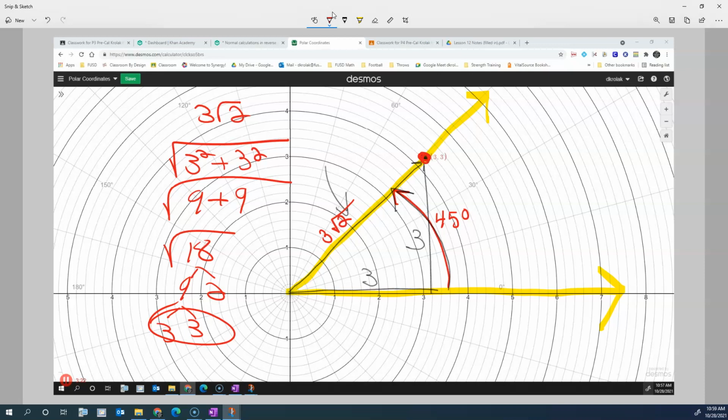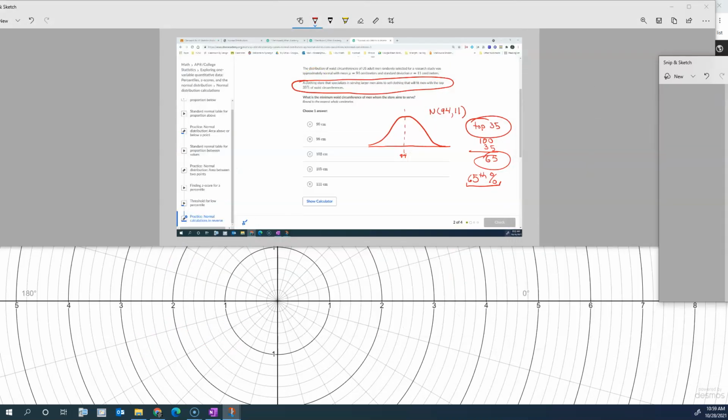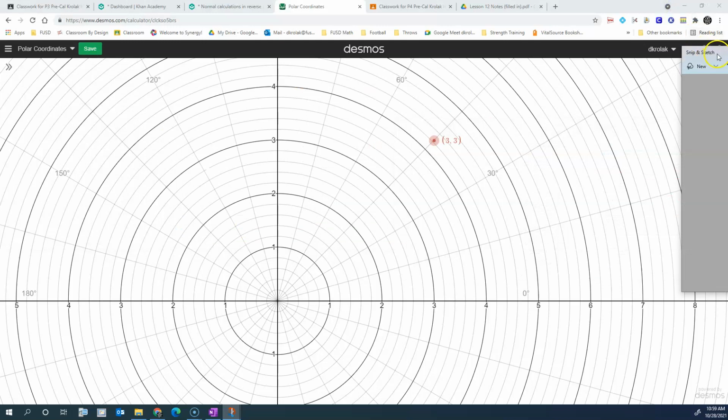So what this is doing is describing this point using an angle and a radius. The other way that we did it up to this point was using an x-coordinate and a y-coordinate.